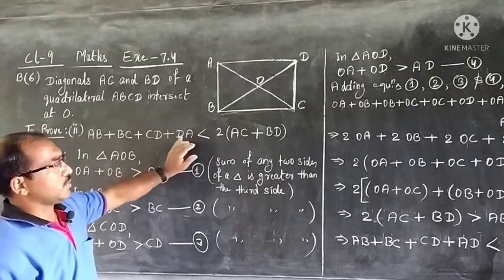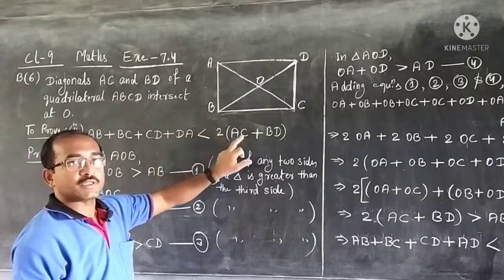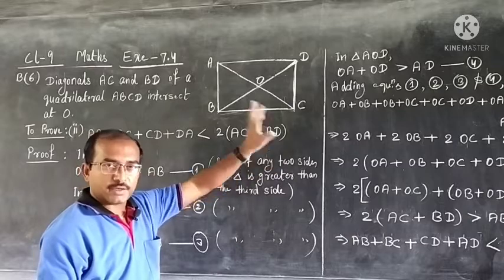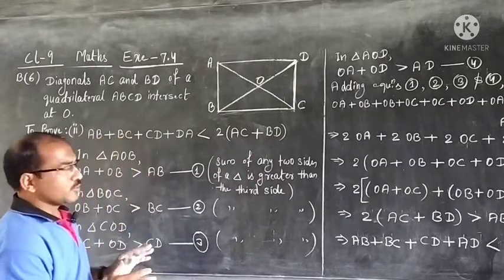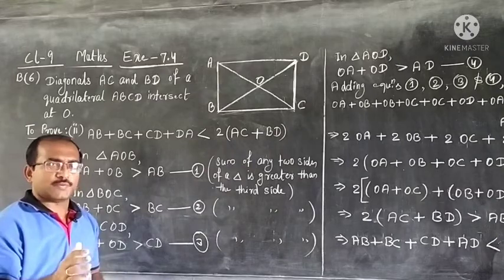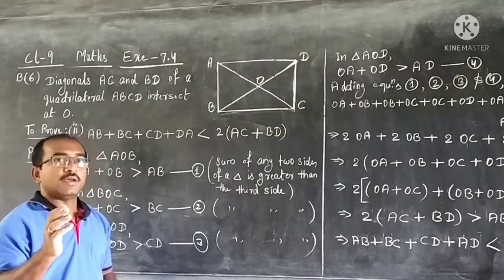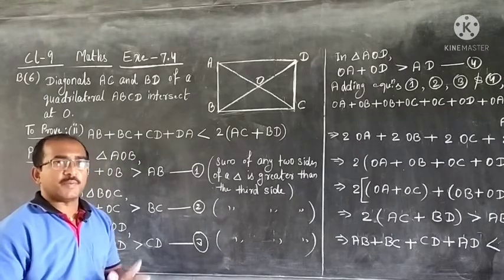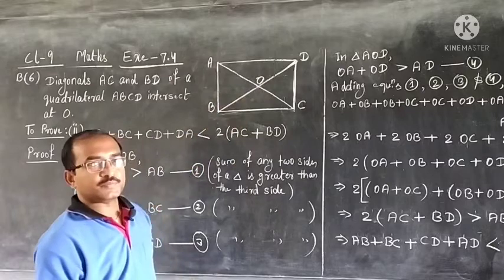The sum of the four sides of a quadrilateral is smaller than 2 times the sum of the diagonals. So, let us start. Here also we will use the same property: the sum of two sides of a triangle is always greater than the third side, but we will work in these 4 triangles.